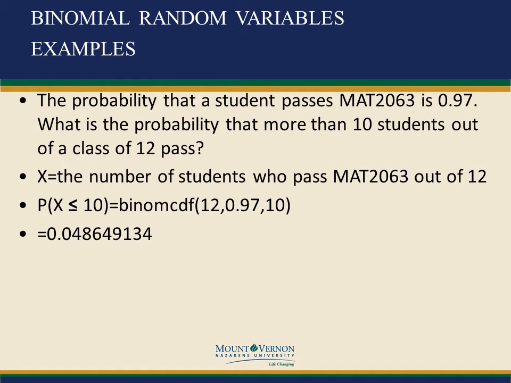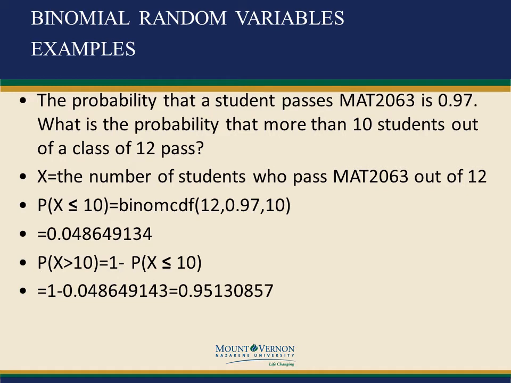This is similar to what you do if you know that the probability of rain is 60%, then the probability of it not raining would be 40%, 100% minus 60%. We're going to do the same thing here. The probability that x is greater than 10 is 1 minus the probability that x is less than or equal to 10, and that, after calculating, is 0.9513.